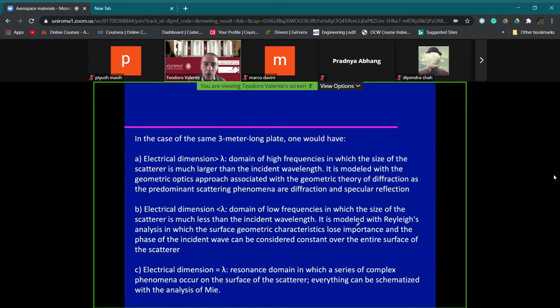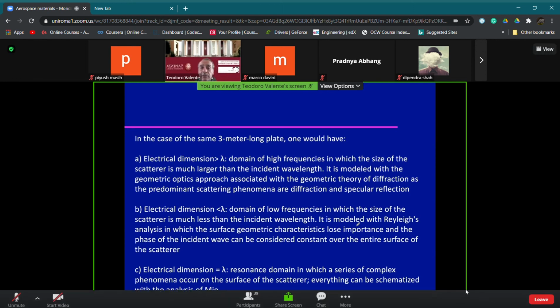According to this, just to give you a reference, we can define 3 different domains in which the modeling of the scattering phenomena is confined.